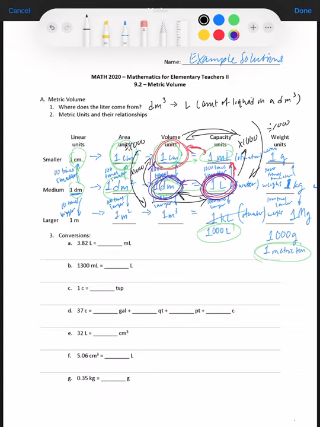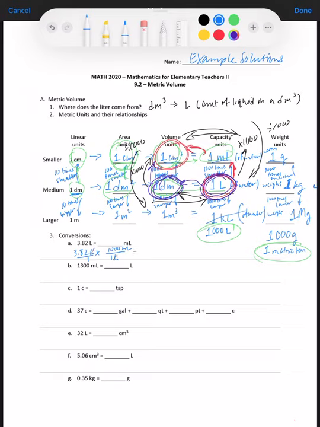So 3.82 liters is equal to a certain number of milliliters. We're going from liters to milliliters, and I use conversion factors. So 3.82 liters over 1 times how many milliliters are in a liter? Well, there's 1,000. Liters cancel, so we'll put liters at the bottom. We'll multiply that by 1,000 milliliters over a liter.